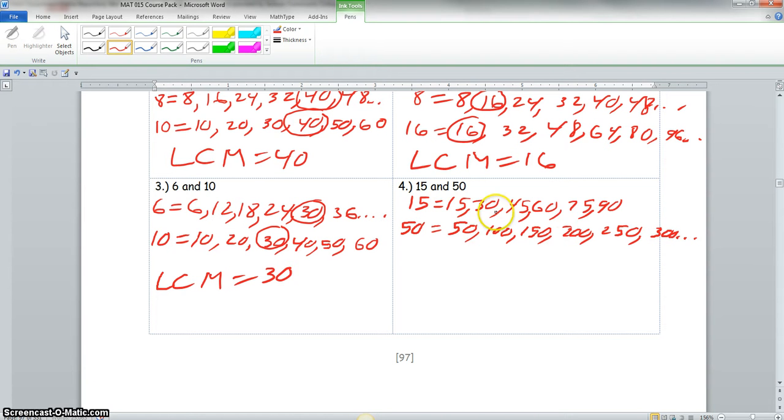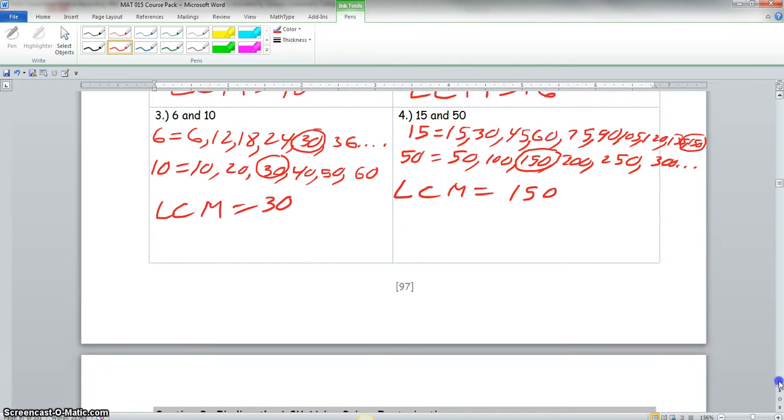Now, if you notice, none of these numbers match up, so let's expand the 15. So it'll go to 105, 120, 135, and then next we have 150. Now we know we have 150 here, and we also have 150 here. That's the least common multiple. Again, there are an infinite amount of multiples with these numbers, so you can keep going.